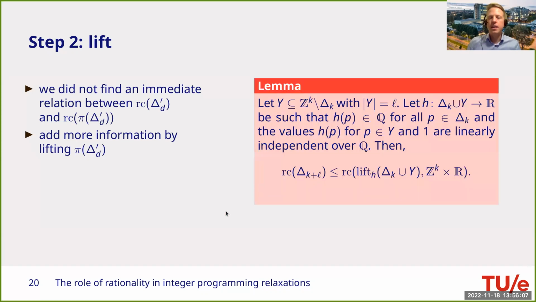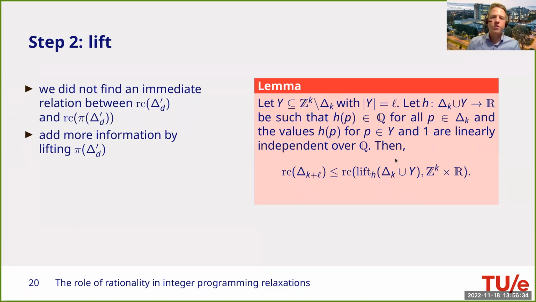And the main technical lemma that allows us to do this is the following. So suppose we are interested in describing the integer points in delta k, but we are also given another set of integer points y that is disjoint from delta k. Then we need to select a height function that assigns each of these points a value. So in our previous example, these are all the binary vectors in k-dimensional space.